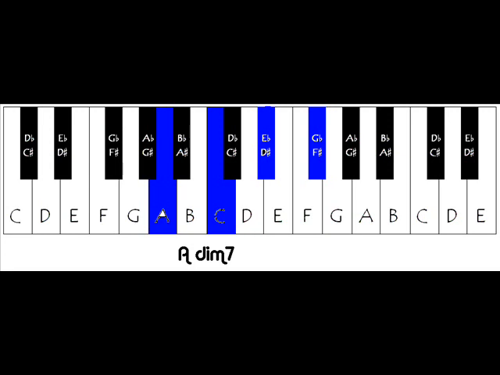And we flat the seventh, which is A flat, twice, and make it an F sharp. So A diminished seventh would be A, C, E flat, and F sharp. Sorry, I got off track there.